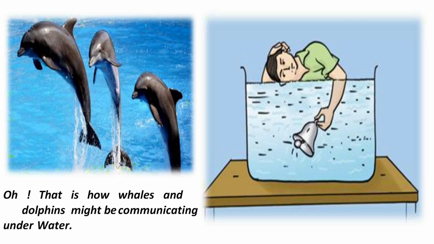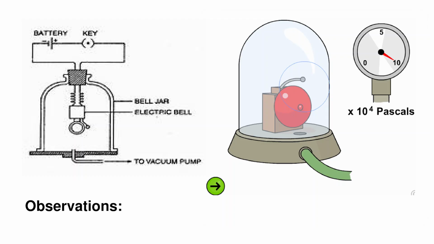That means there is a medium. If there is no medium, what will happen? We can see here. Here I kept a bell jar. In that bell jar I kept an electric bell and I kept a vacuum pump also. Whenever we ring that bell, we can hear the voice.